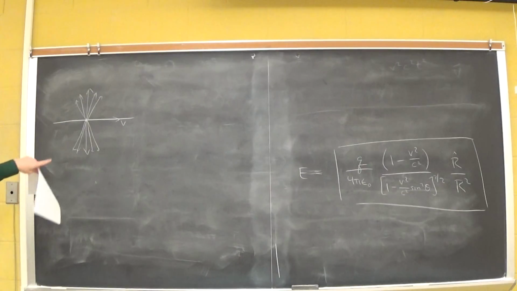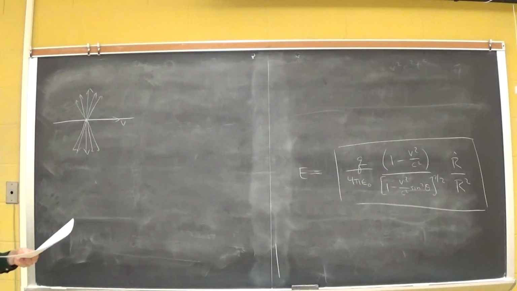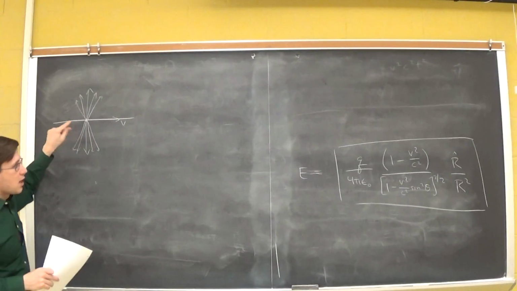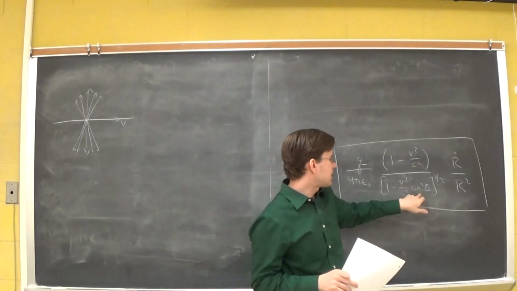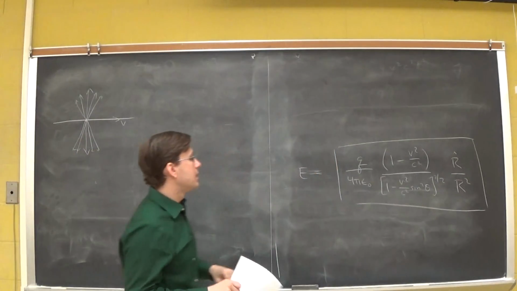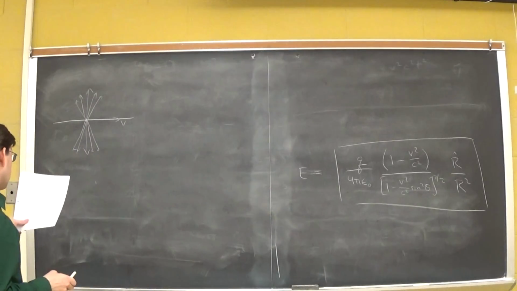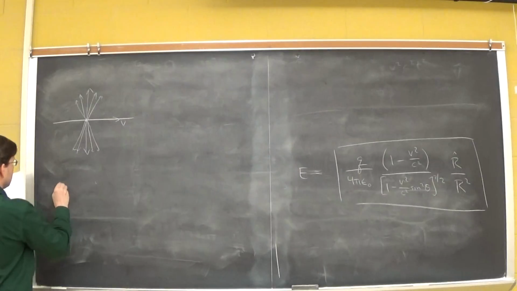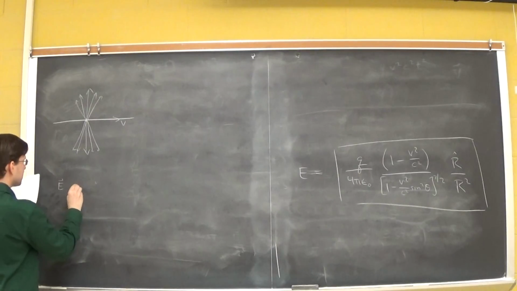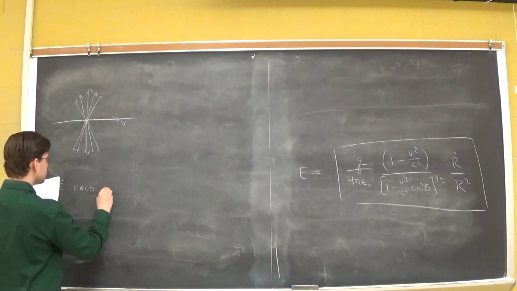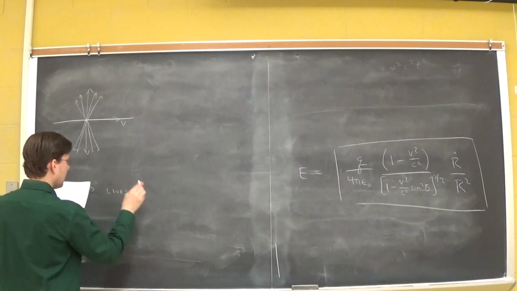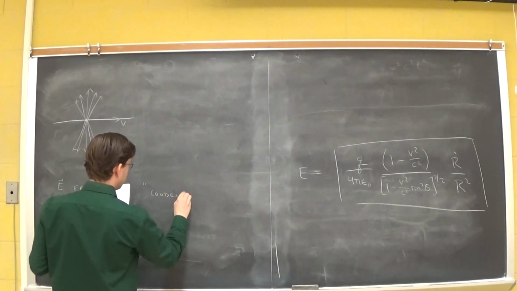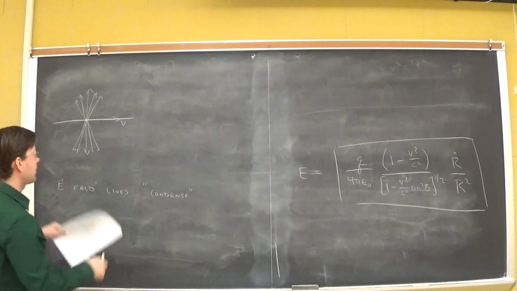Okay, so they're all emanating from the present position of the particle, and I've drawn this sensitive to the fact that we have this extra sine squared theta now in the denominator. And so really what this means is that the E field lines condense or flatten out, however you want to think about it.